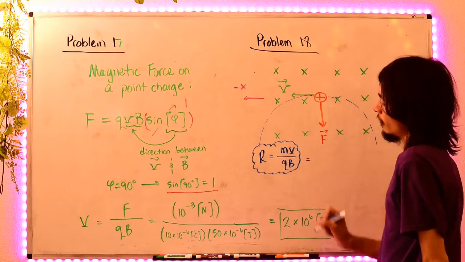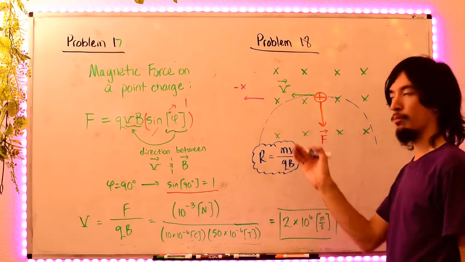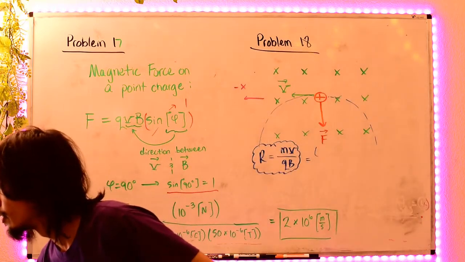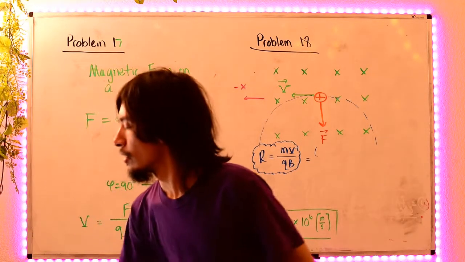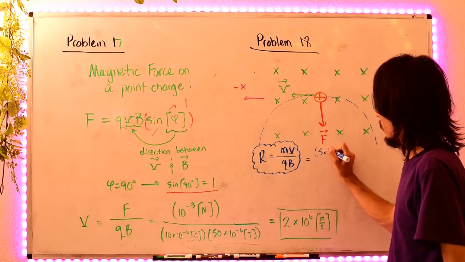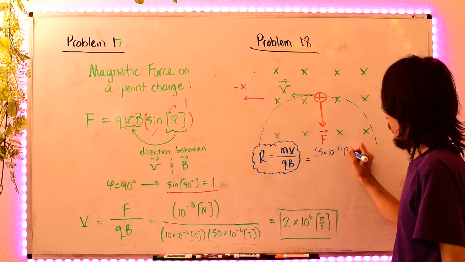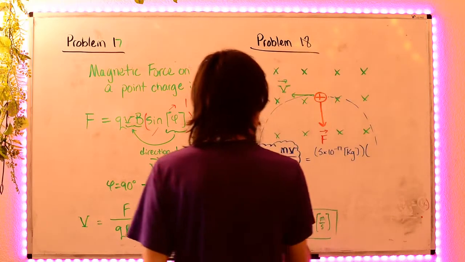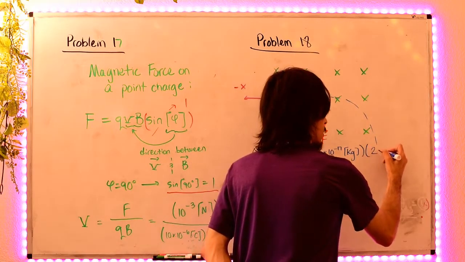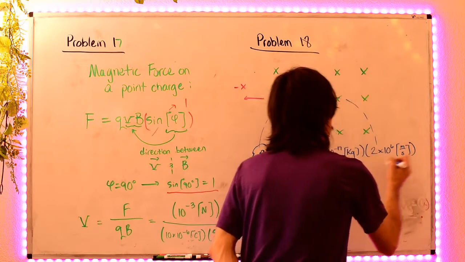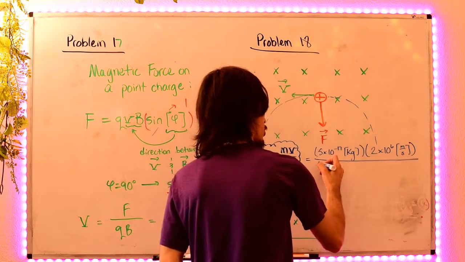Now, all the values are given in the problem. So the mass was given to be 5 times 10 to the minus 17th kilograms. The speed was found to be 2 times 10 to the 6th meters per second, divided by the charge given.